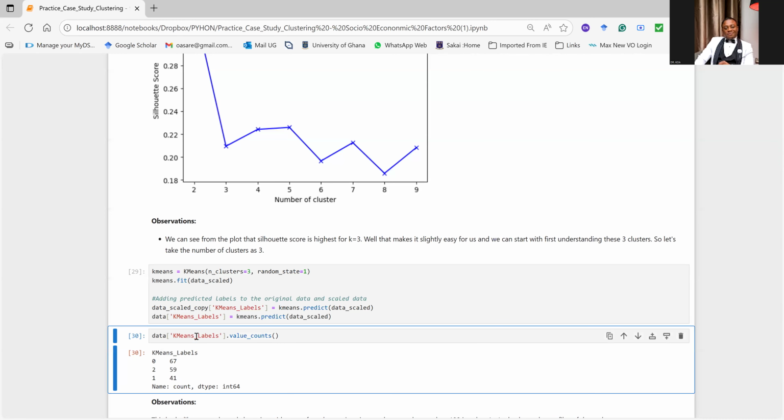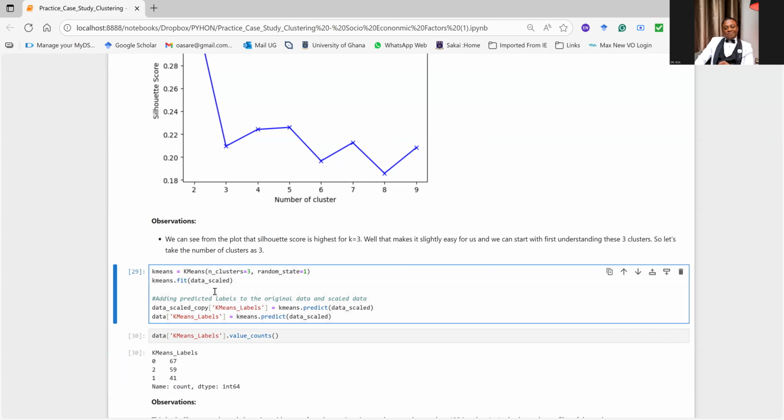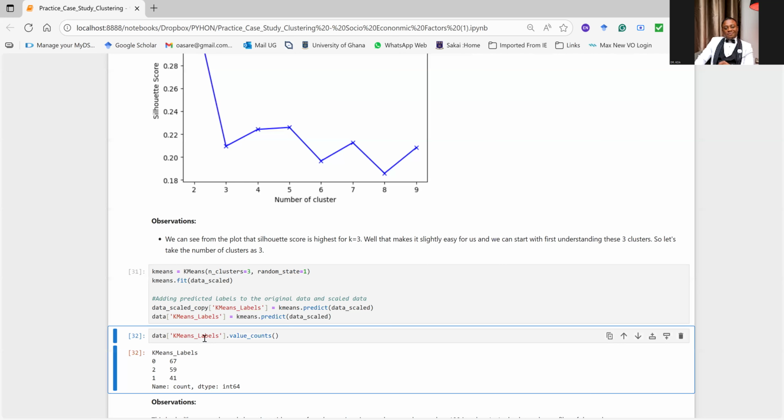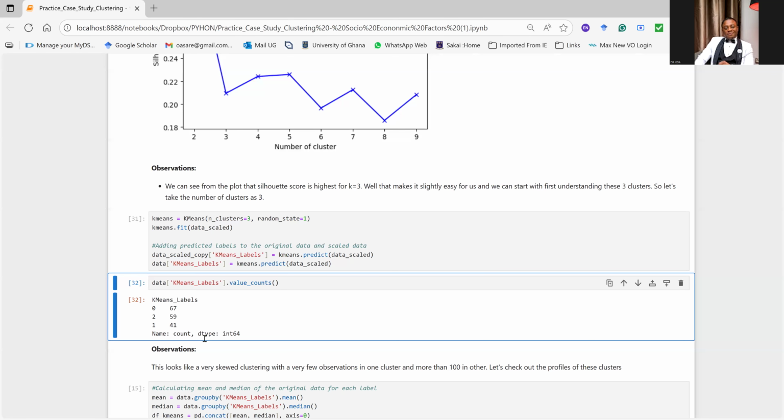Oh, this thing has changed. It's still good. So on the 3, you can see that this one has actually, that's interesting. But you can see which group 0 has got more elements.